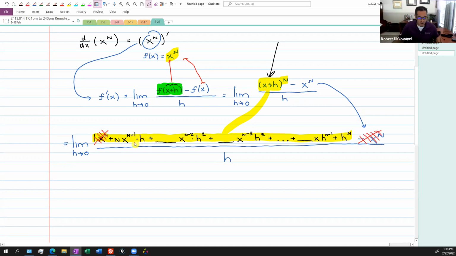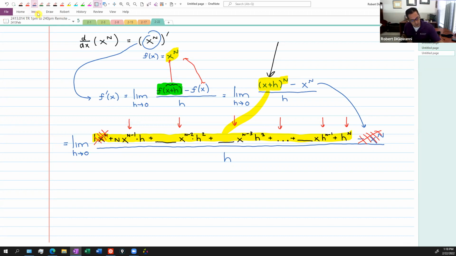Every single one of these terms that are left, all of the ones with dots, all the way to the end, do you agree that all of those have at least one h in them? The first one has just one h. The second one has h squared. The third one has h cubed, but the h's keep getting bigger. So I'm going to have at least one h in all of them, so I'm going to factor an h out.